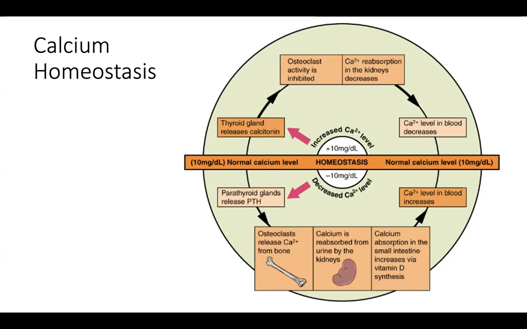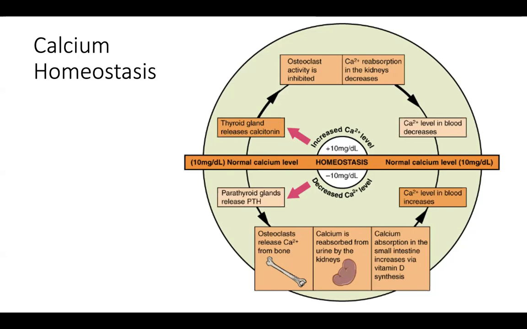If we go too high, so we go above 10 milligrams per deciliter of calcium in our blood, that is going to stimulate the thyroid gland to release calcitonin. So for you guys on Zoom, here we're going above the ideal blood calcium concentration. That's going to stimulate the thyroid gland to release calcitonin.